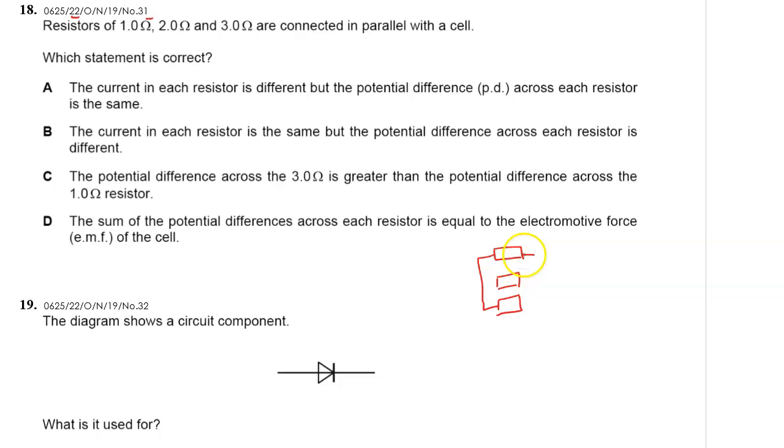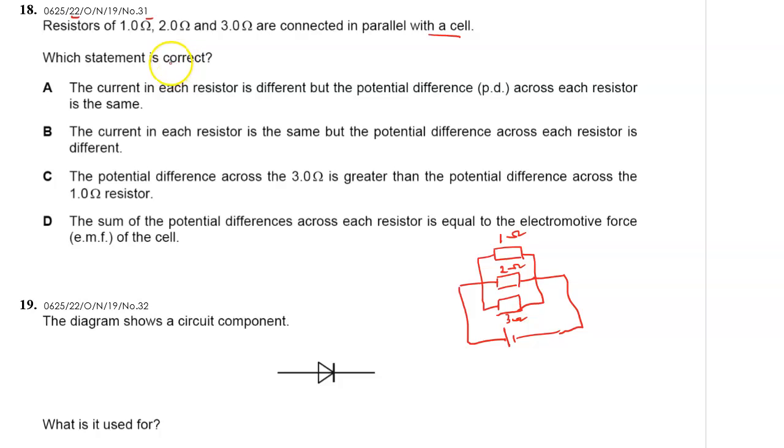These 3 resistors are in parallel with a cell. Let's just draw the cell here. This is the cell right here, and this is 1 ohm, this is 2 ohms, and this is 3 ohms.